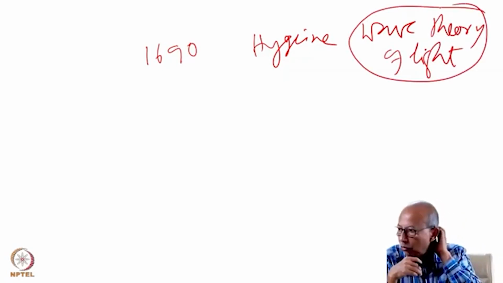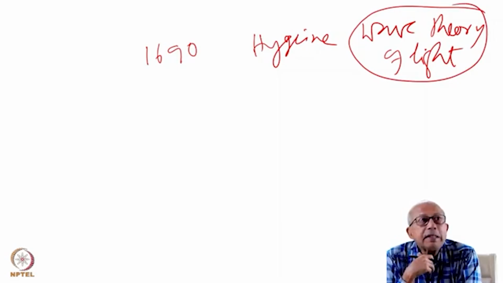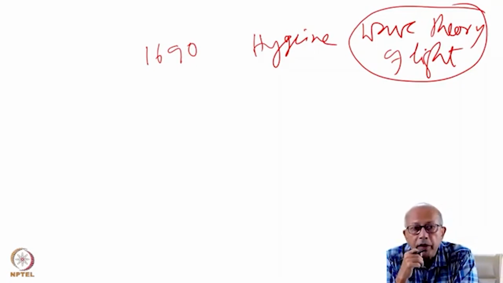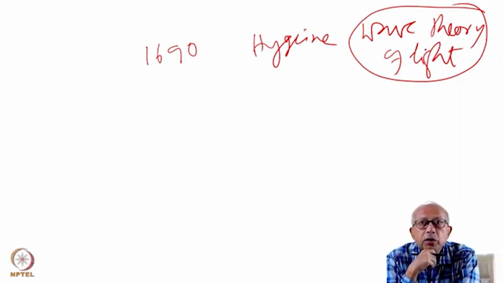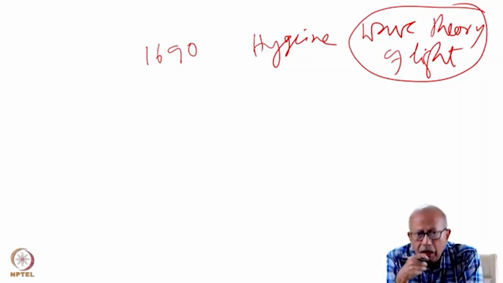However, within just a few decades, this wave theory was contested by Isaac Newton, who proposed instead the corpuscular theory of light, where he assumed light to be comprising a stream of particles.